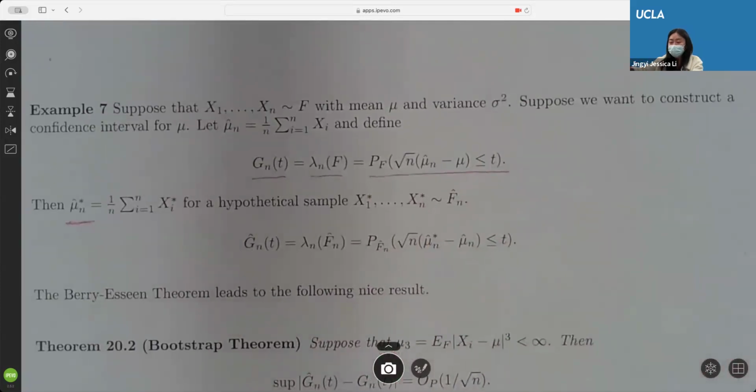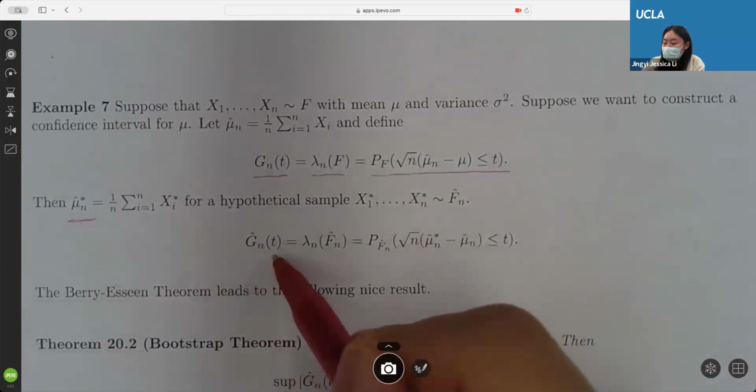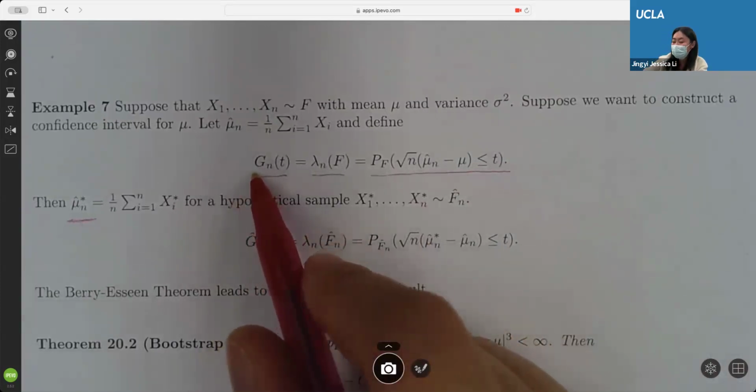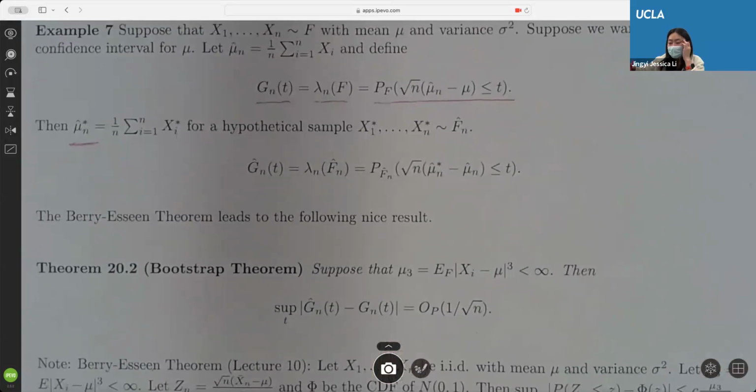Everything follows. So now you're interested in how well the bootstrap plugin estimator Ĝ_n estimates G_n,T, right? And this is the so-called Bootstrap theorem.